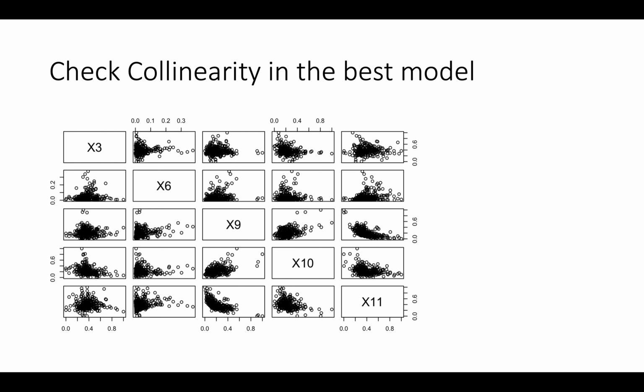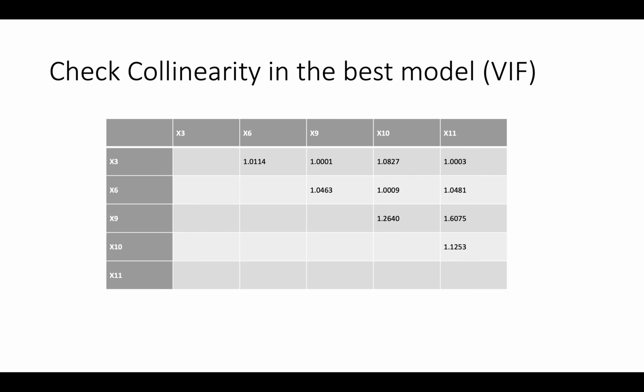From the correlation plots, we can see that there's no evidence showing that two of the variables are highly correlated with each other. And the VIF also shows that the variables have no evidence of high correlation effects, because for all the VIF results, the values are really close to 1.